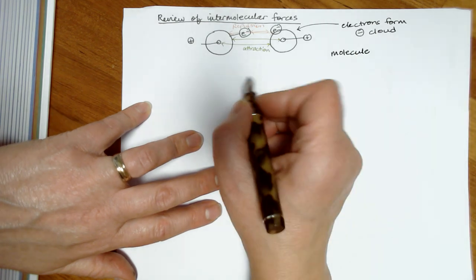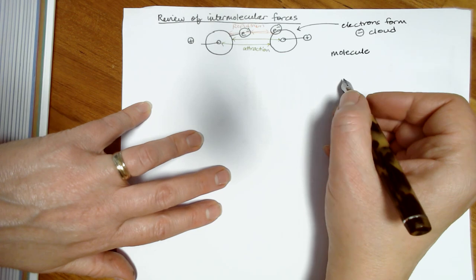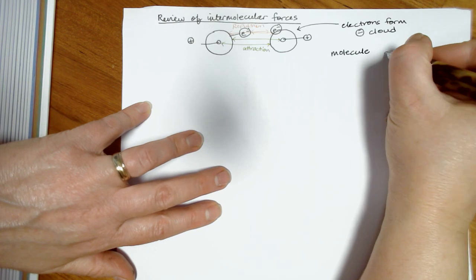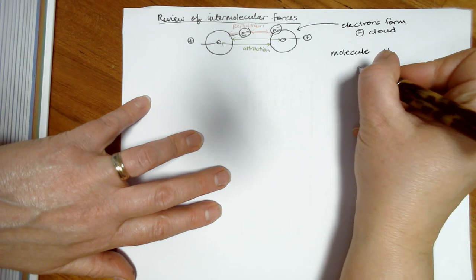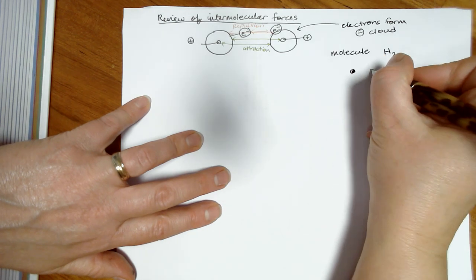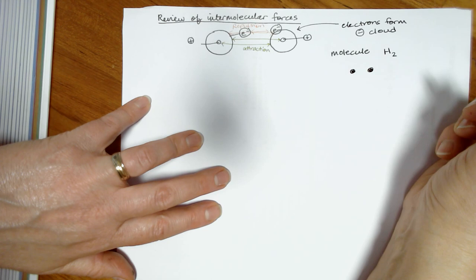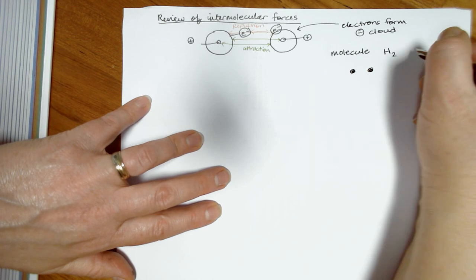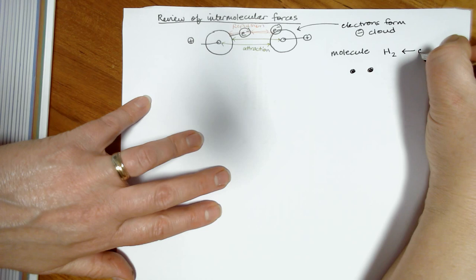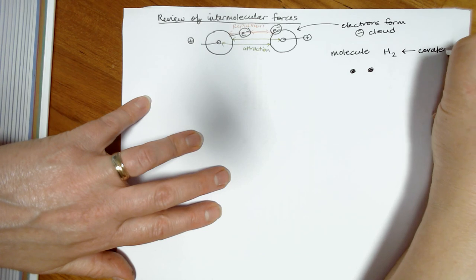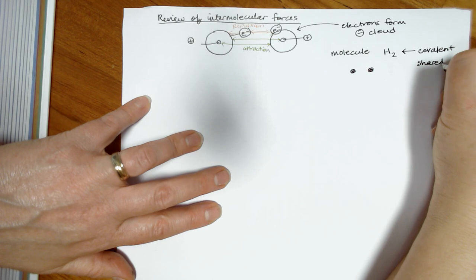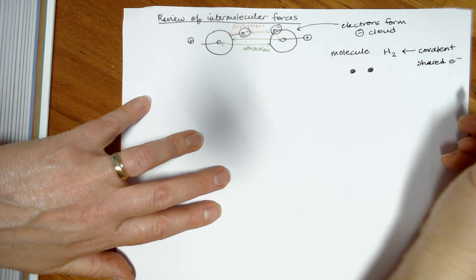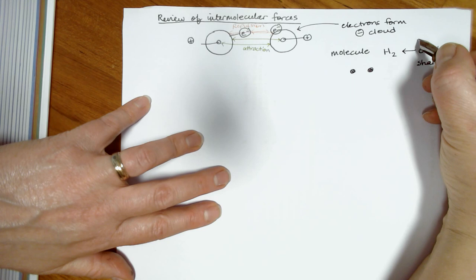That means that when we have a molecule, we also have a negatively charged cloud, where you've got atoms that are bonded to each other. Maybe if we thought about a hydrogen molecule, for example, where we have two hydrogen atoms, we've got those two nuclei, but we also know that this is a covalent bond, so these electrons are shared. And we know this is a covalent bond because it's non-metal, just as a quick reminder.